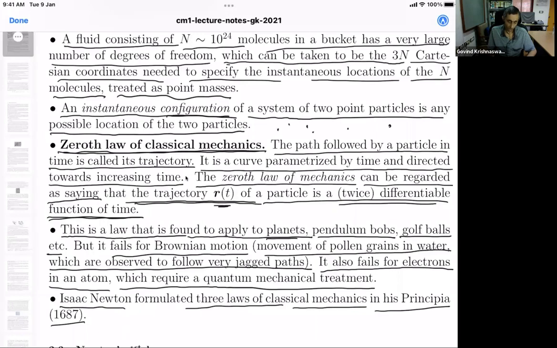But he did take an enormous step in formulating the assumptions and their consequences insofar as mechanics is concerned. Okay, so any other question about this concept, either that of degrees of freedom or this assumption of particles' trajectory being sufficiently differentiable in order to do the things we will do?